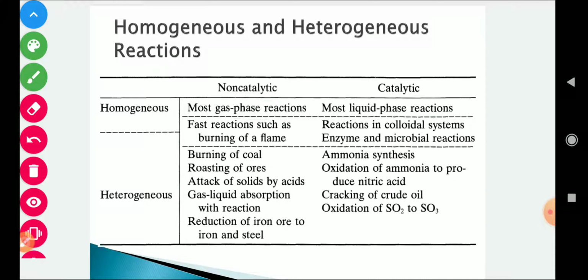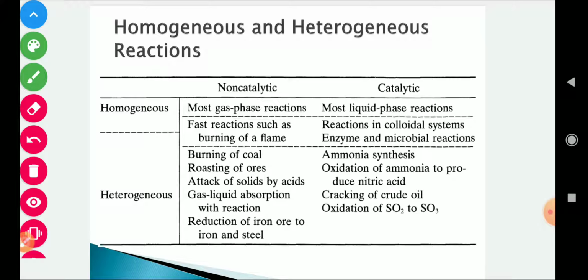These reactions can be homogeneous or heterogeneous, and these homogeneous and heterogeneous reactions are further classified as catalytic and non-catalytic reactions. If we consider homogeneous non-catalytic reactions, then these reactions are mostly gas phase reactions.